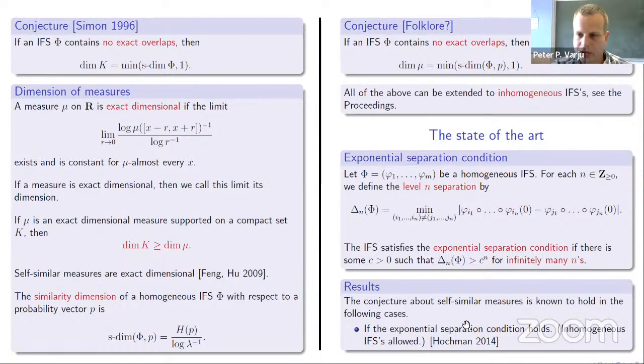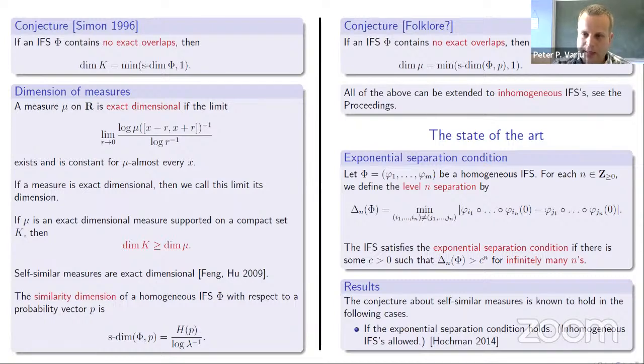And with the right generalization, so you need to modify the definition of level n separation in the inhomogeneous case, this also works in the inhomogeneous situation. And then it also implies the conjecture about sets under the exponential separation condition.